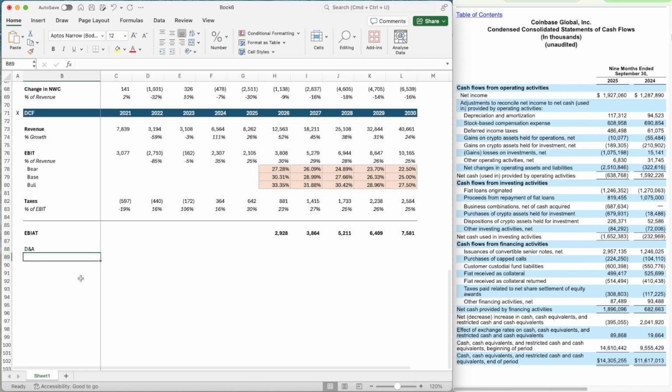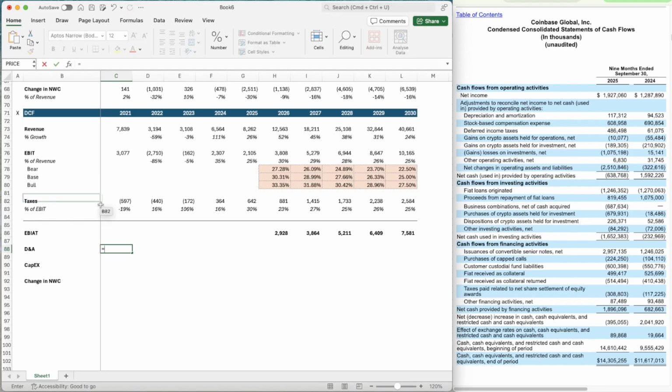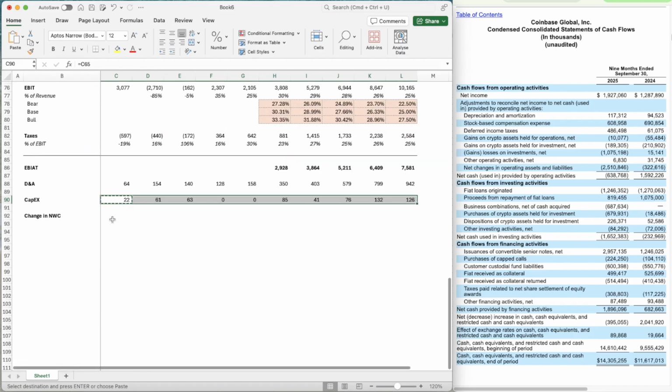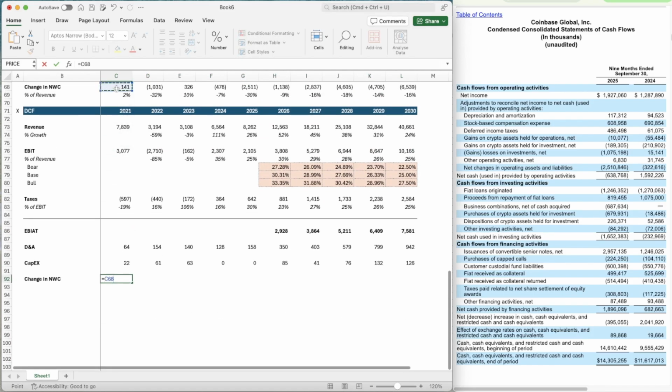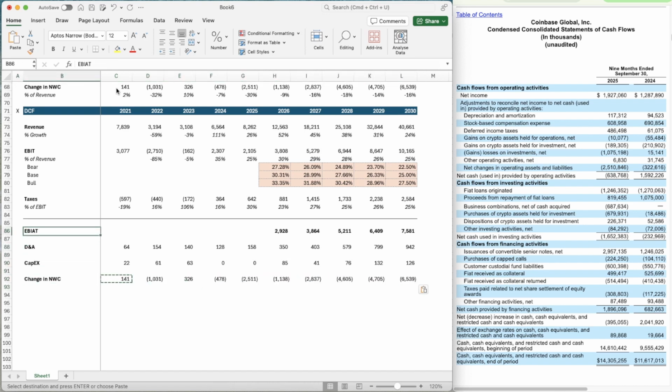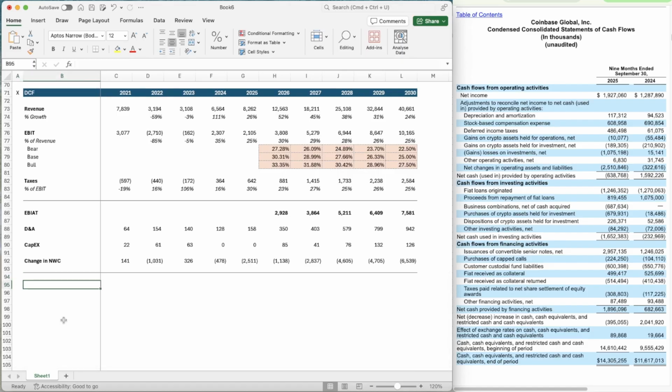Then we go D&A and NWC. Calculate unlevered free cash flow.